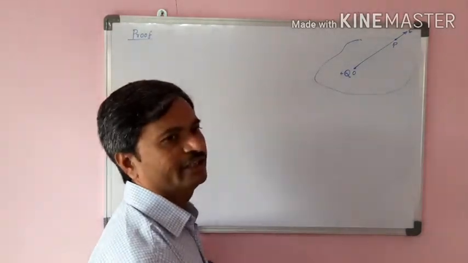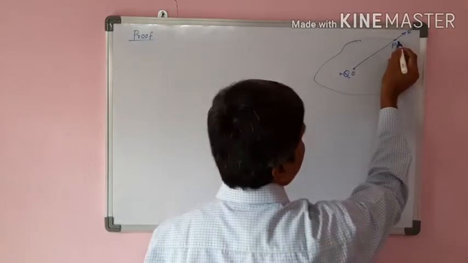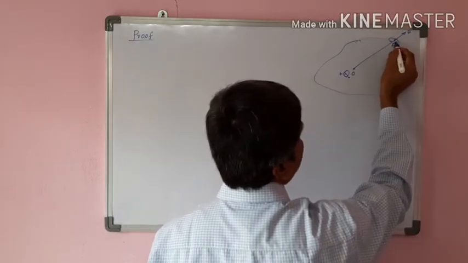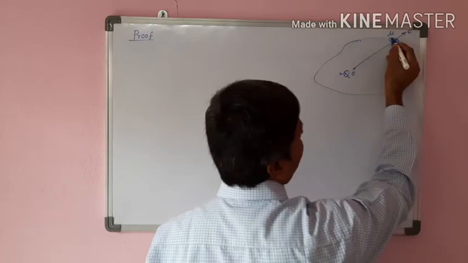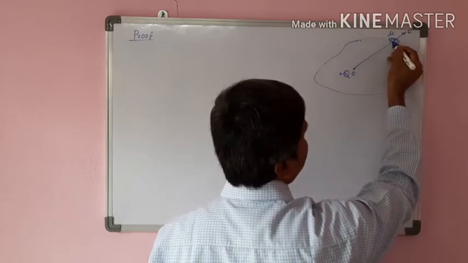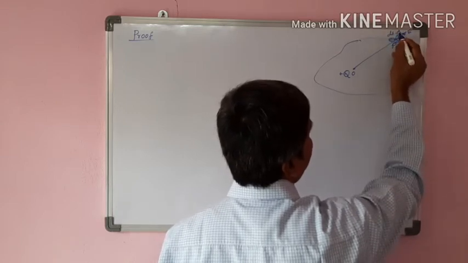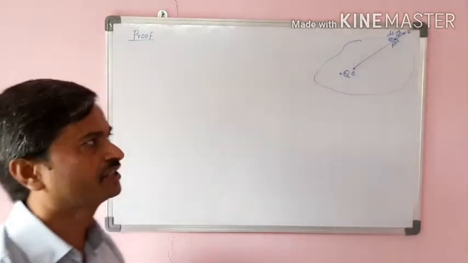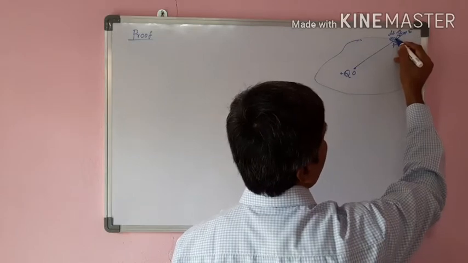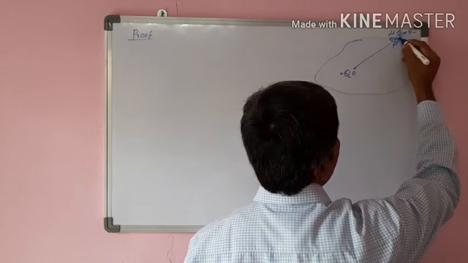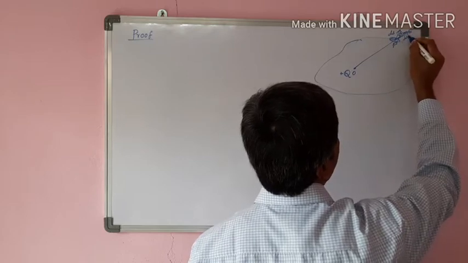We want to calculate the flux emitting from the total enclosure. So for that, consider a small elemental surface ds, and this ds direction is in this direction, which makes an angle theta with the field direction, and our interest is to calculate the component along the field direction, that is the normal direction, ds cos theta.